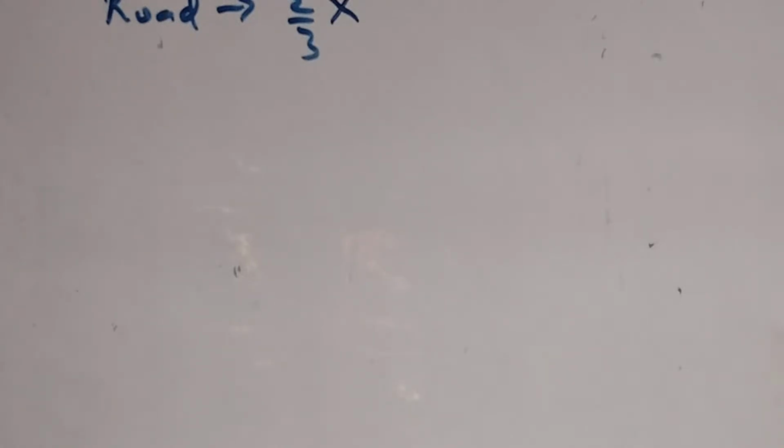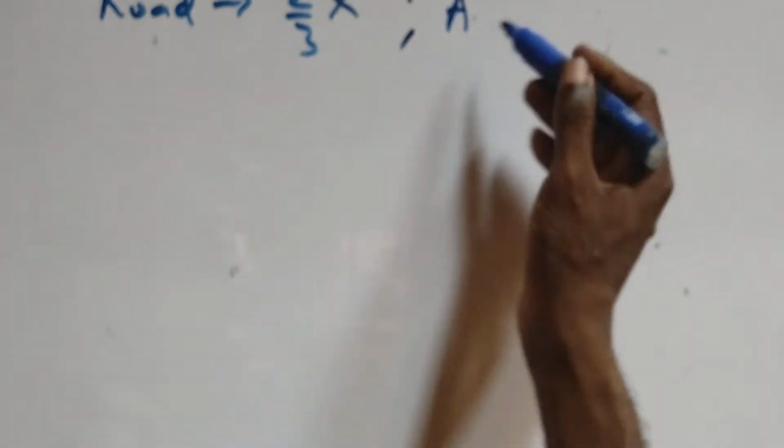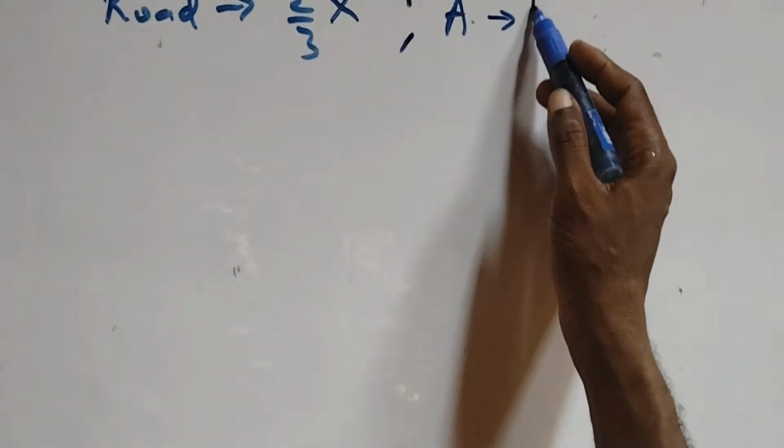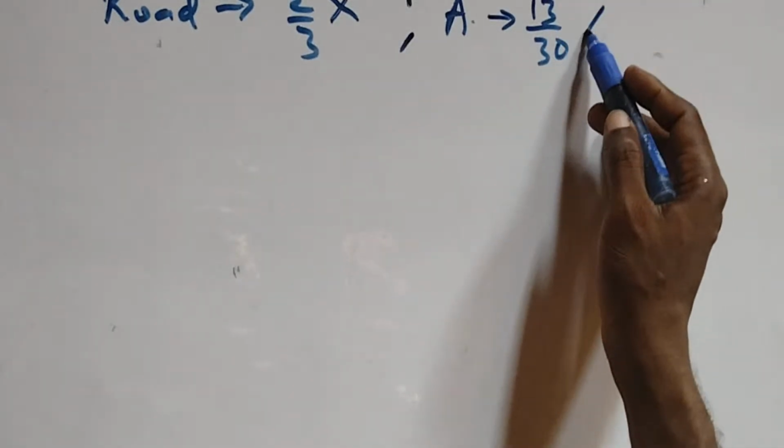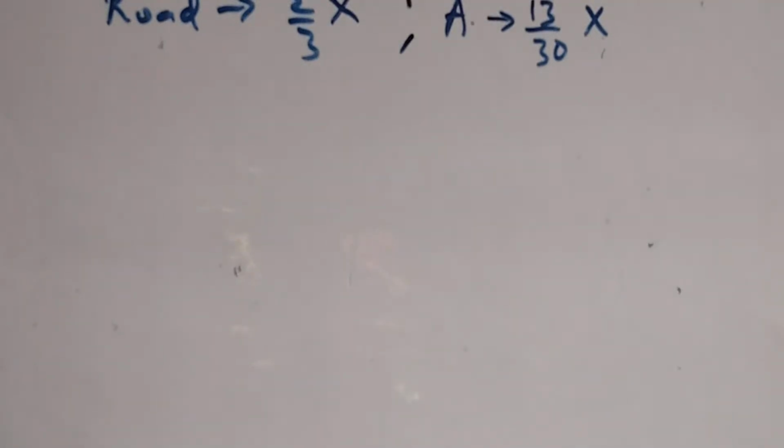So a number of tourists were interviewed on their choice of means of travel. Two-thirds said they travel by road. That means two-thirds of the total. Then 13/30 by air. Let road be R and air be A. 13/30 of the travelers by air, and 4/15 by both air and road.